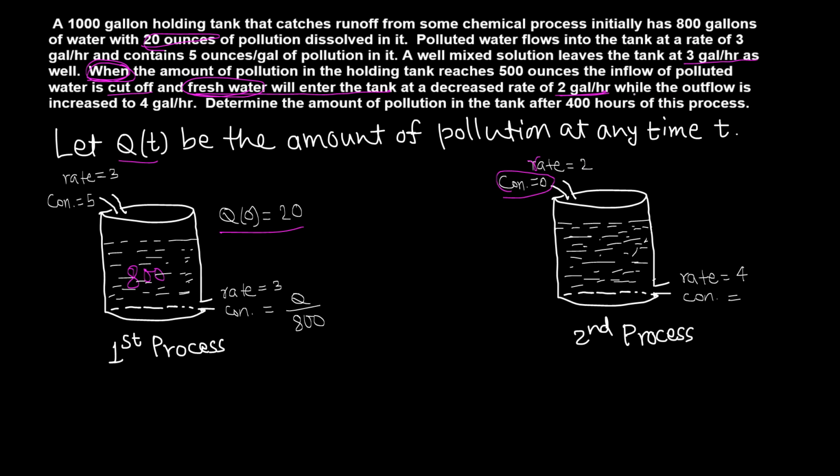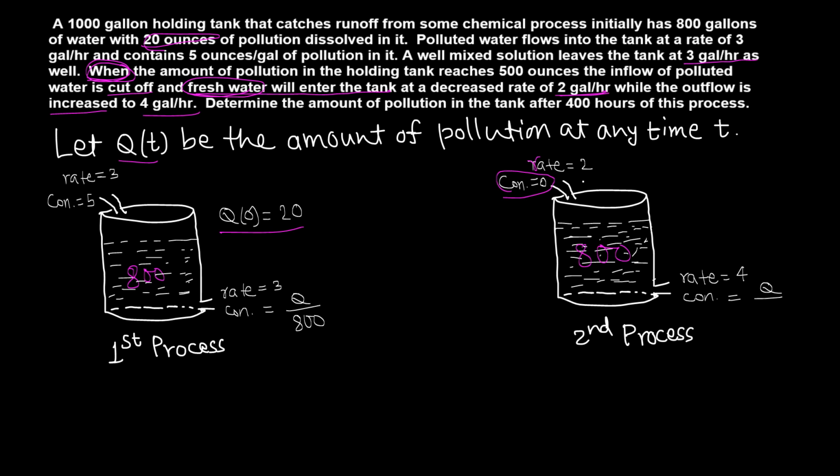And let's read the question. While the outflow is increased to 4 gallons per hour, so getting out is 4 gallons per hour. Now we can find the concentration. Concentration will always be the amount of pollution, that's Q, over volume. It's got 800 initially, but in this case the water level is decreasing.